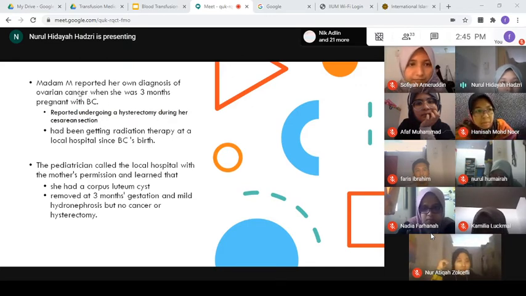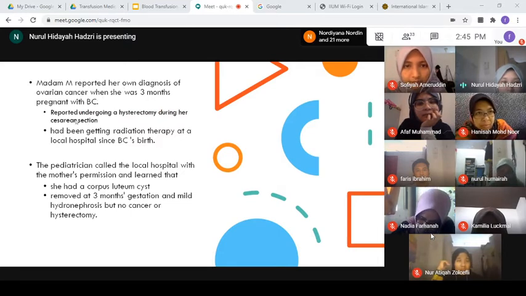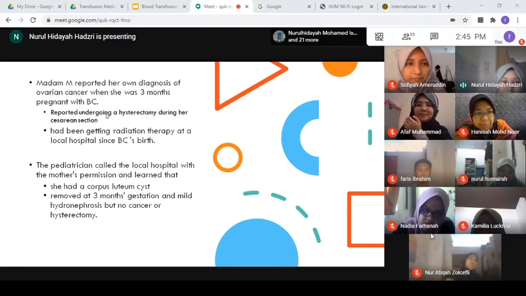On further exploration, Madam M reported her own diagnosis of ovarian cancer when she was 3 months pregnant with BC. She told the doctor she had undergone a hysterectomy during her cesarean section, and since then she had been on radiation therapy at a local hospital since BC's birth.